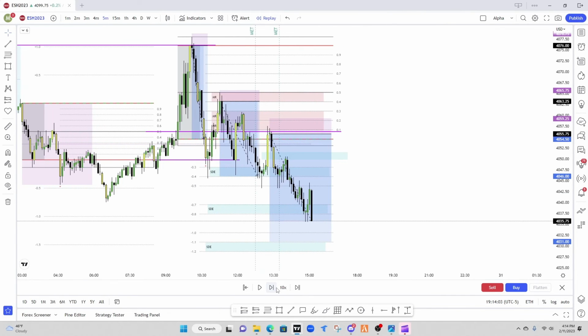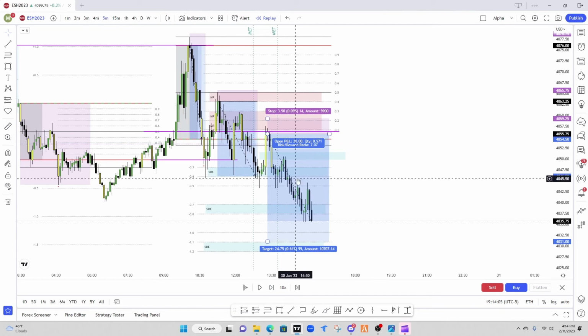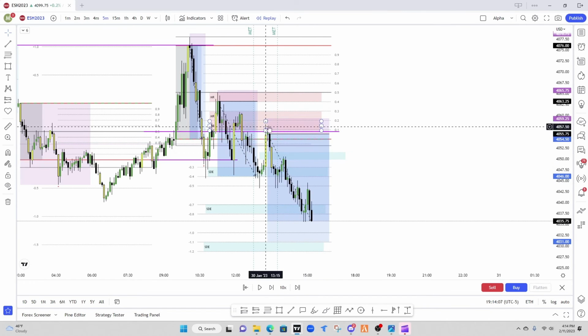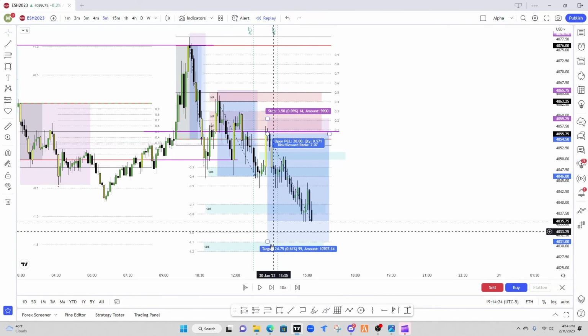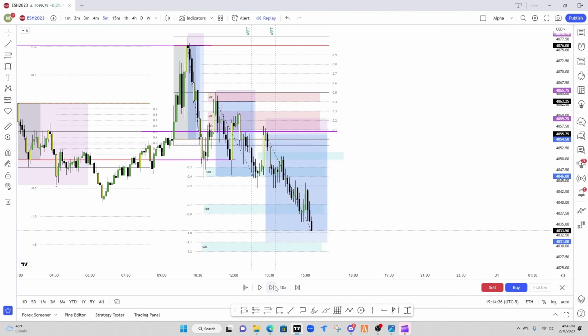So we are moving nicely. As you can see, we continuously respect the swing highs going down. I have no reason to think that we are going to go above it. So I would now move my stop loss 2 ticks above this swing high right here, since we've now respected it.